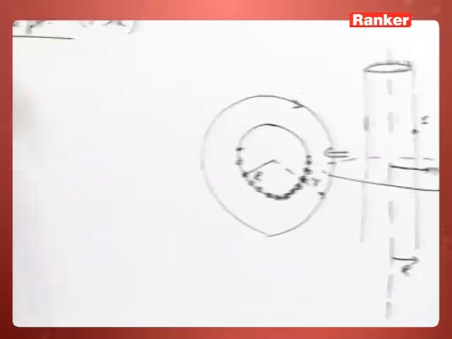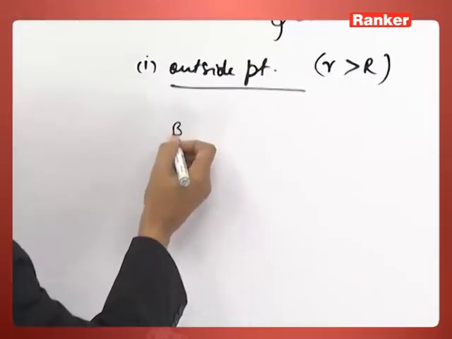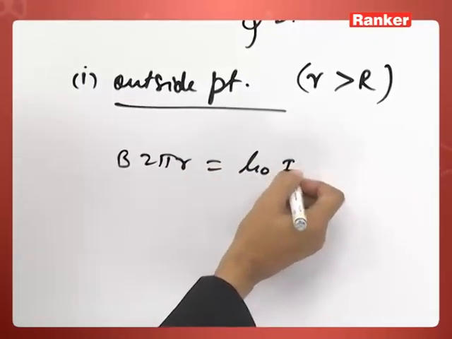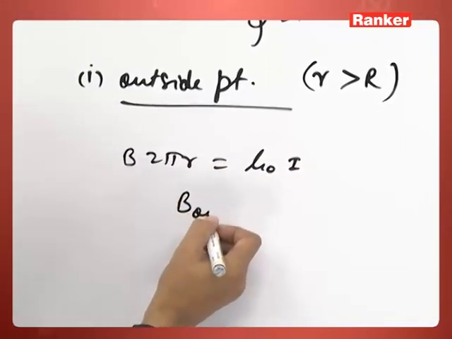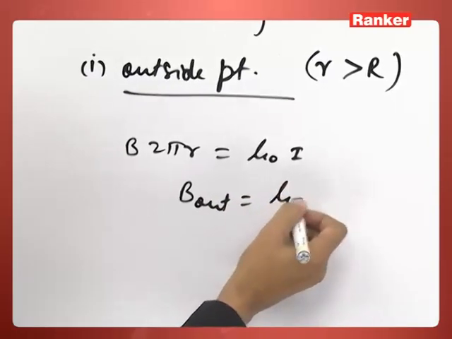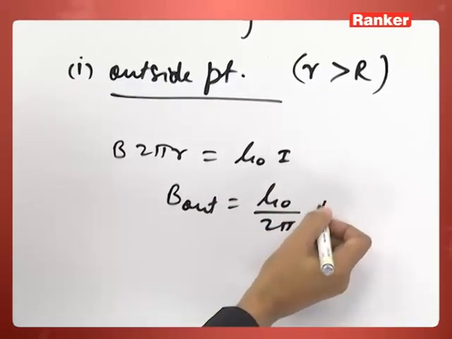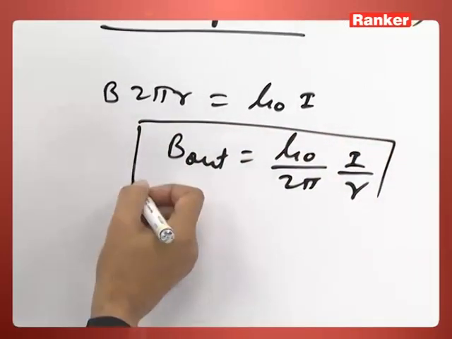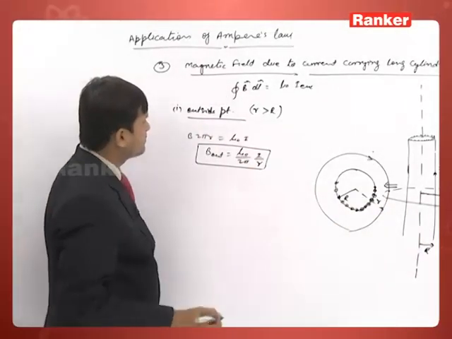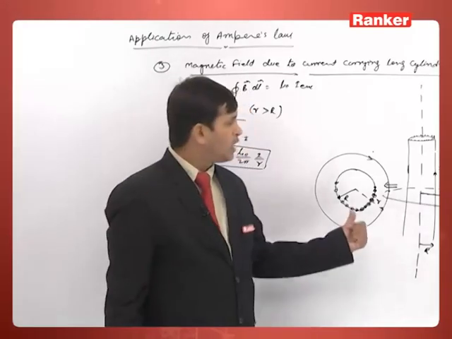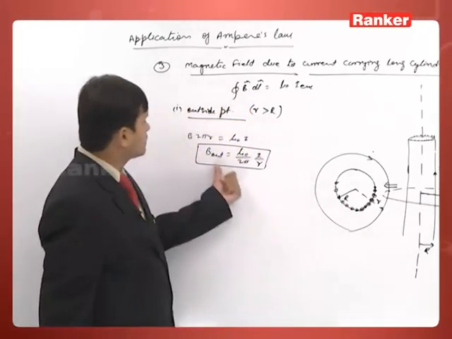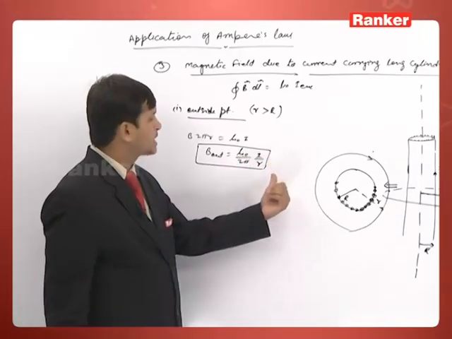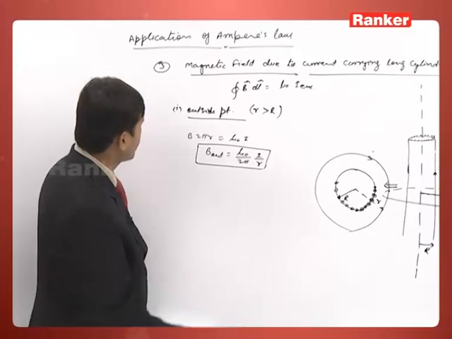Here, B into 2 pi r equals mu naught into I. So B outside will be mu naught by 2 pi into I by r. This is the magnetic field at an outside point. This field is similar to the field we found in the case of the cylindrical conductor.